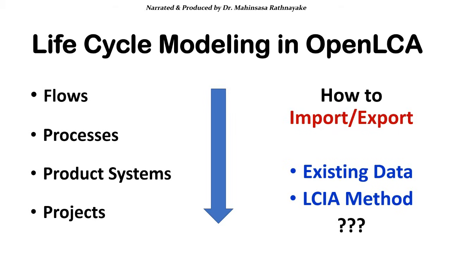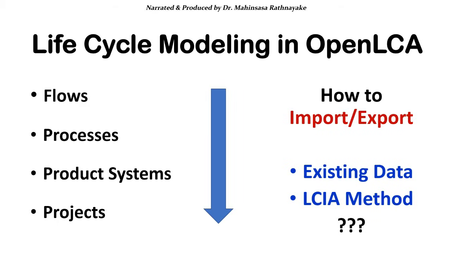Okay, now in order to model this life cycle in OpenLCA software, we have to clarify the elements in OpenLCA software that represent the levels of a life cycle. These levels are flows, processes, product systems, and projects. First, what is a flow?